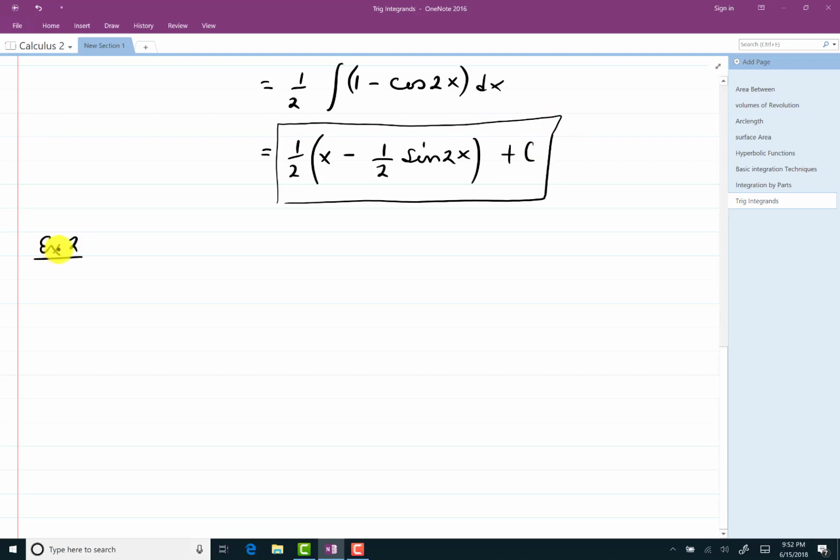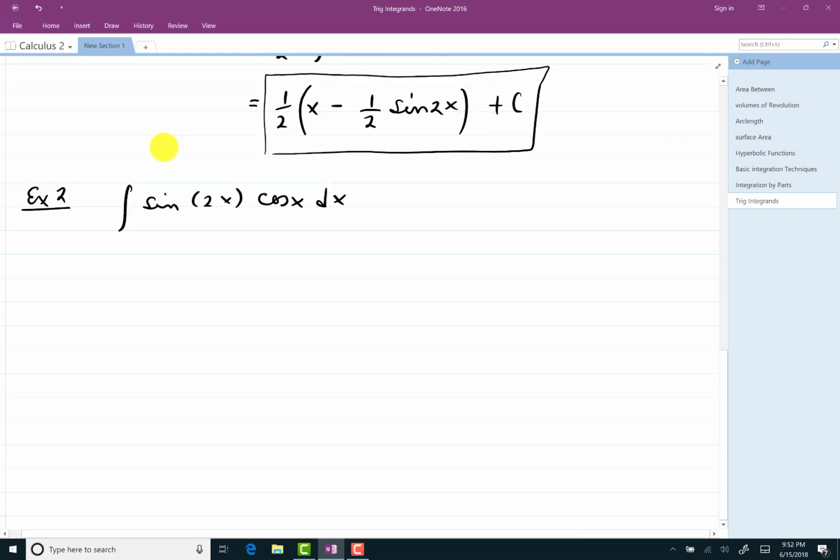All right, this time integrate sine of 2x times cosine of x dx. Now, since you have a 2x and an x, you can't let u be sine and du be cosine. And you could go and back your way up, I suppose, and try to get something from that.